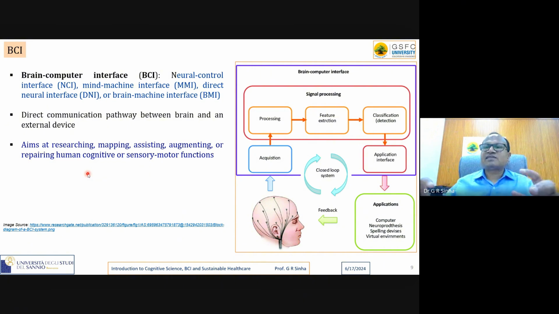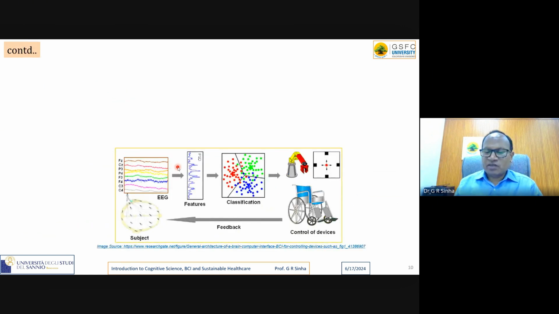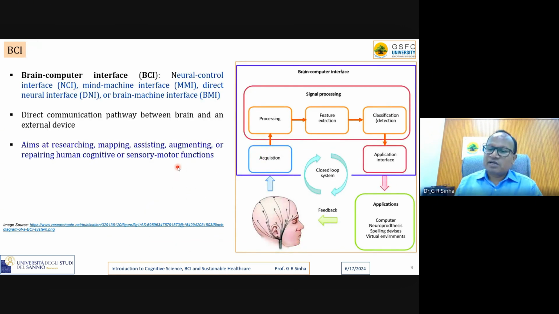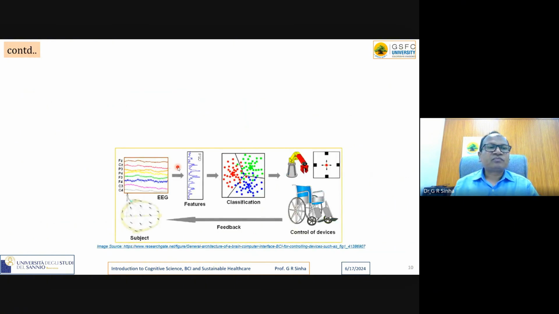The movement of hands, legs, lips, tongue, everything which involves some motor application. Motor tasks are sensory-motor functions, and those functions are also controlled by the brain, and therefore the BCI covers that particular aspect also.